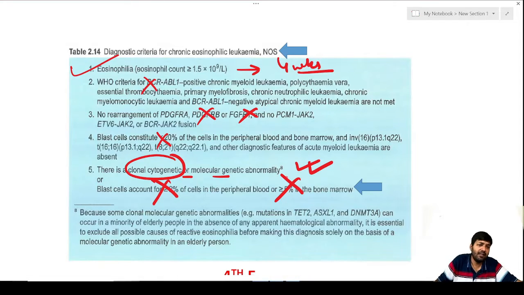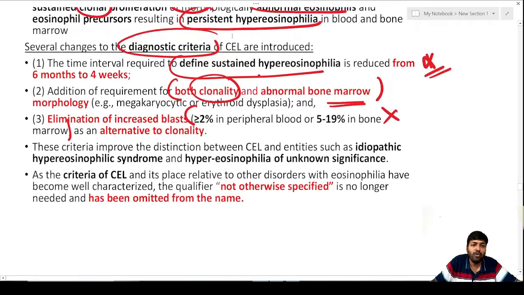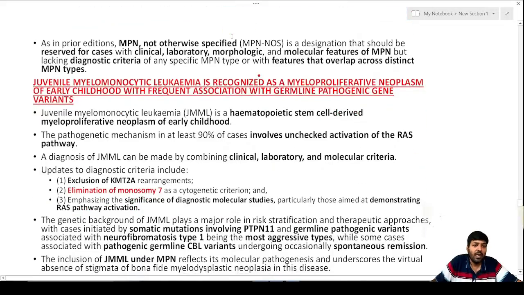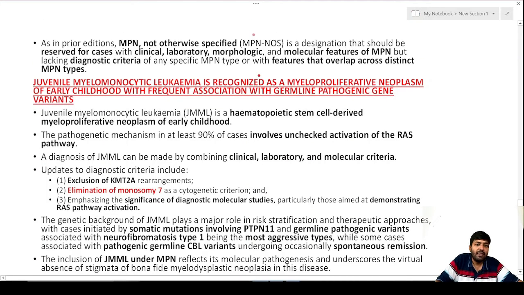One other thing: previously they were using the term NOS, but now they are not using this term. It has been removed because the criteria have been very well defined now for chronic eosinophilic leukemia. Now, very important to understand that in the prior editions you were using MPN unclassifiable, but now you are using the designation MPN NOS.